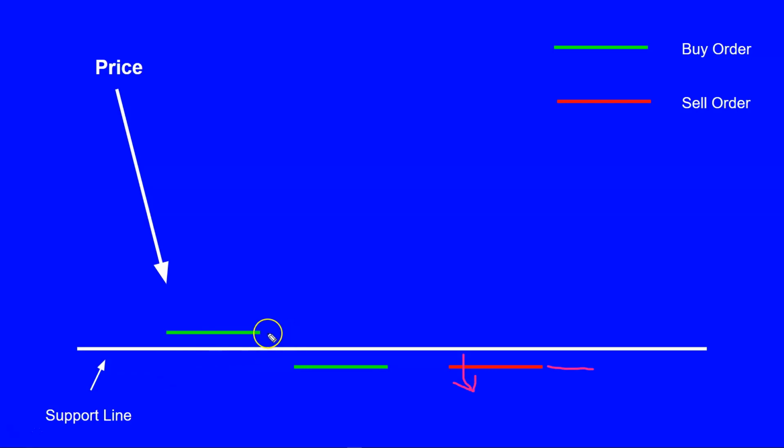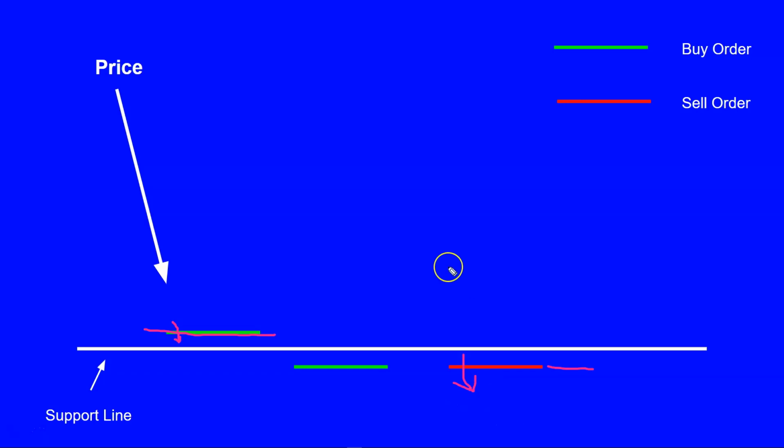A limit order means if you have a limit buy order like this right here, that means price is above it and you want to fill the order as long as you can get a better price than whatever your order level is. So if this is your limit order, you will not actually get in this trade unless you can get in at a price below that level. Okay?